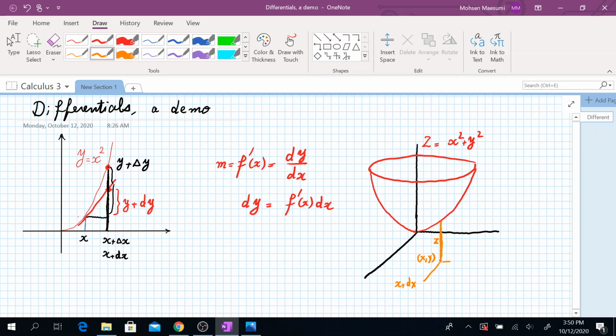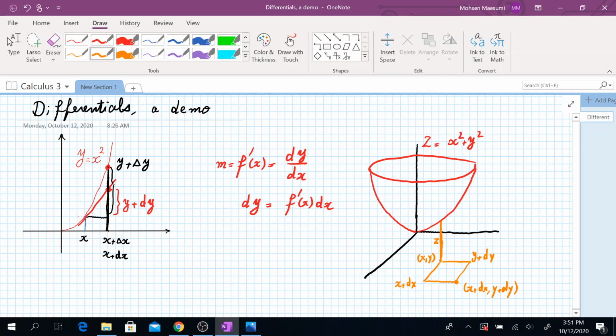And then in the y direction as well, this is going to be y plus delta y or dy. And when I change both x and y, I'll be at this location. So this one will be x plus delta x, y plus delta y or dy.